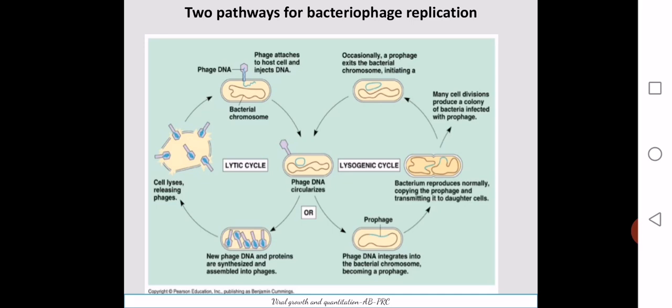So in bacteriophages, simply you can say there are two pathways for replication. One is the lytic cycle, the other one is the lysogenic cycle. In the lytic cycle, the mechanisms are the same as we already discussed. There is entry, synthesis, then lysis and release. But in lysogeny, instead of initial lysis of the host cell, the viral chromosome will be integrated into the bacterial chromosome and they propagate for a long period, right?